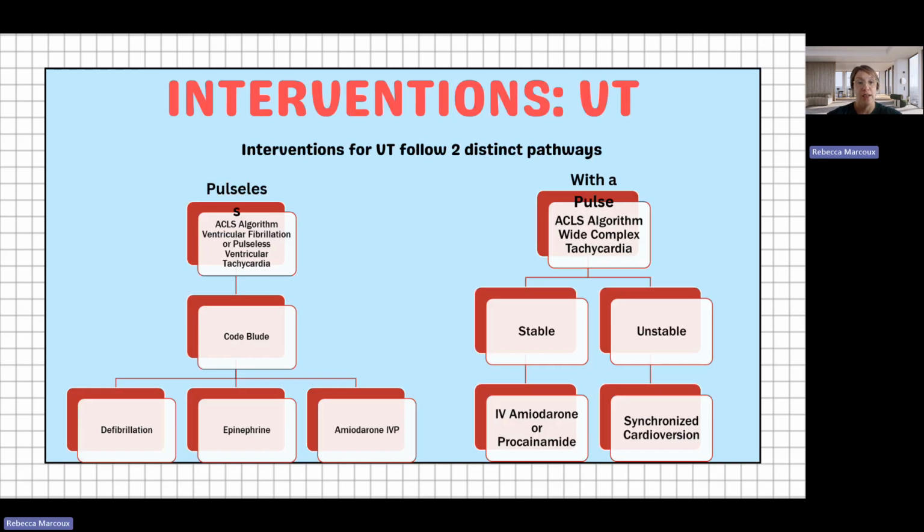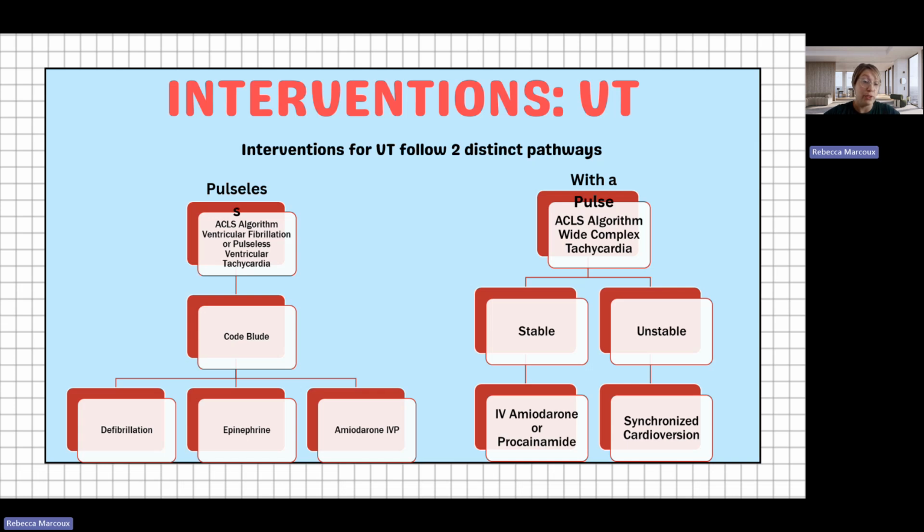Interventions for ventricular tachycardia follow two distinct pathways. So we have ventricular tachycardia with a pulse and pulseless ventricular tachycardia. So they follow very different algorithms. If we have pulseless, so you see ventricular tachycardia and now the patient has no pulse, we would follow the ACLS algorithm for VFib or pulseless VTach.